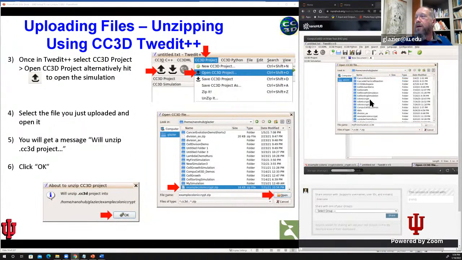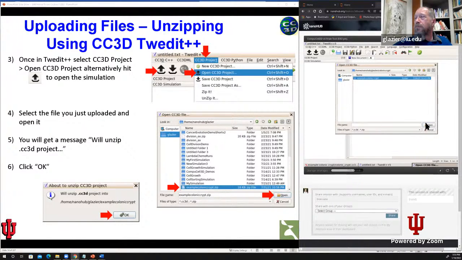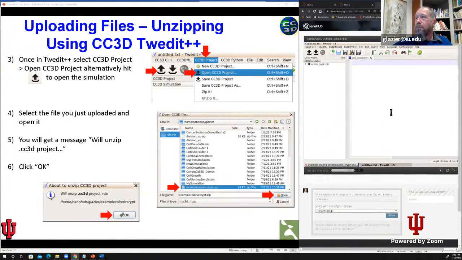And you should be able to find the file that you just uploaded. Were people able to find it or not? Everybody got it? Mine had already been unzipped, so, okay.